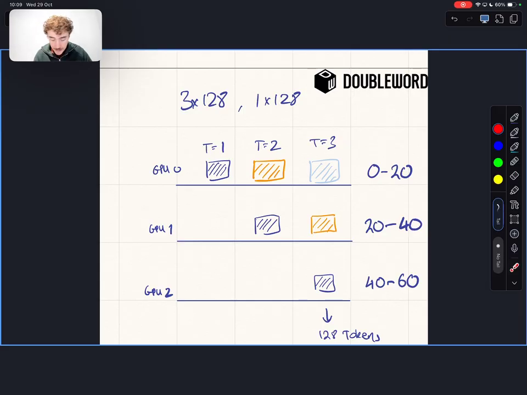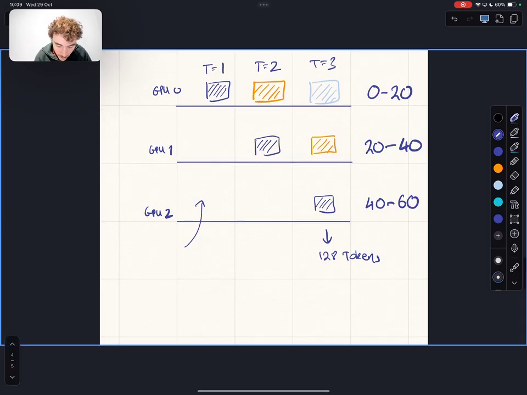What you'll notice is there's still some GPU wastage here. We have this bit at the start, and you'll have the same at the end, where no GPUs are being used. And this is called a pipeline bubble.